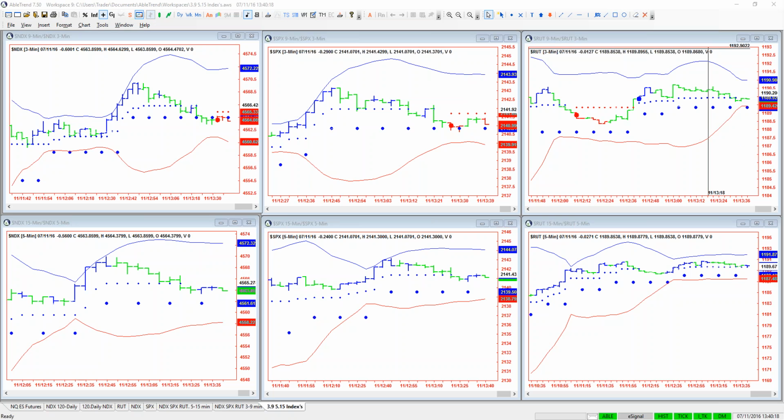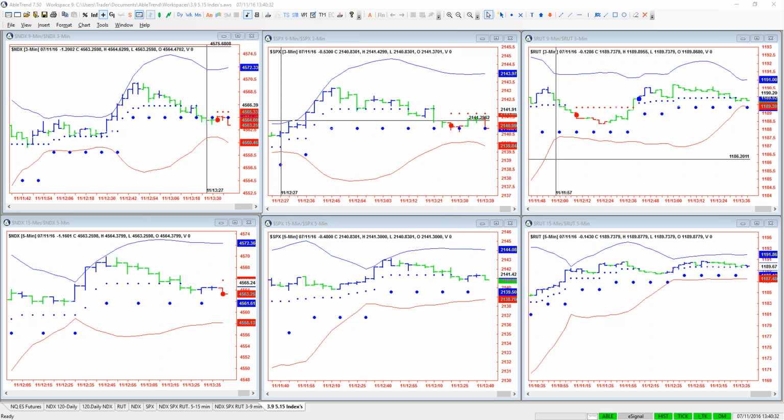Now, I do want to say this before we jump to my bar charts. If you're going to be a conservative trader, there are some opportunities you're going to miss. Like NDX is starting to move lower, that may turn out to be an opportunity that you miss. There was a 5 minute sell signal, Mark, on the NDX. There you go. So you have to come to terms with your own emotions when it comes to trading. If you are going to be committed to being a conservative trader, which is exactly what Michael's doing right now, then you need to be resigned to the fact that there are going to be some opportunities you're going to miss.